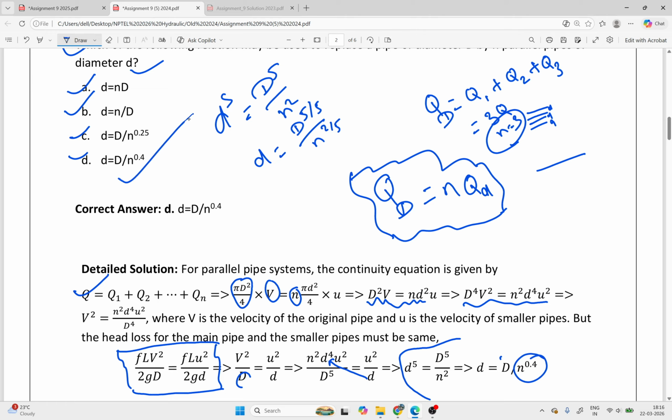So option D is correct here. Hope you understand. This was the way of calculation for how I proceed with such type of question.